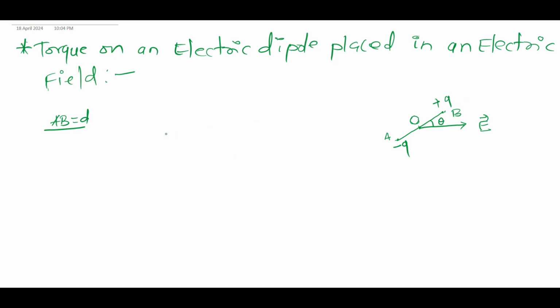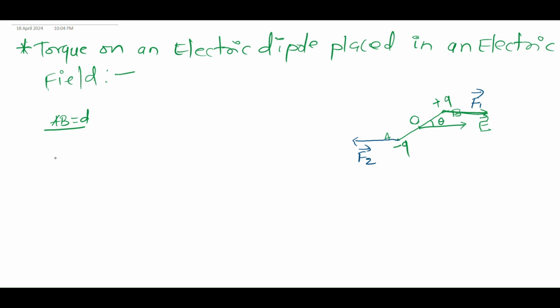Okay, so the force which is acting on plus q charge is, suppose, F1. So the force will act in this direction because the electric field direction is this direction, and on minus q charge the force will act in this direction. Suppose that the force is F1 and the force acting on minus q charge is F2.